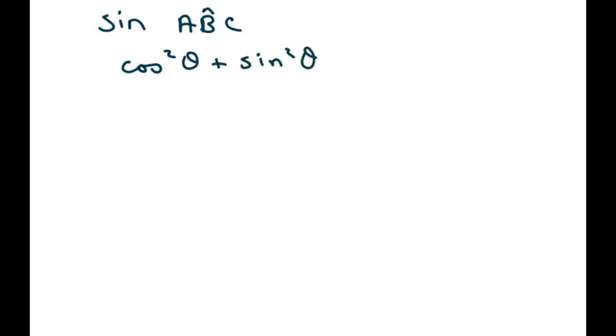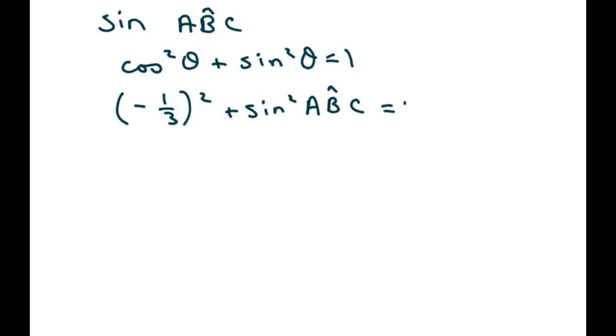Now we have to also infer sine. So let me write that down, sine of ABC. I'm just going to use my formula, cosine squared plus sine squared equals 1. So we have cosine squared, which is (-1/3) squared, plus sine squared of ABC equals 1.